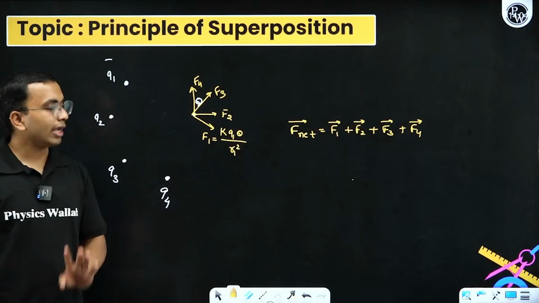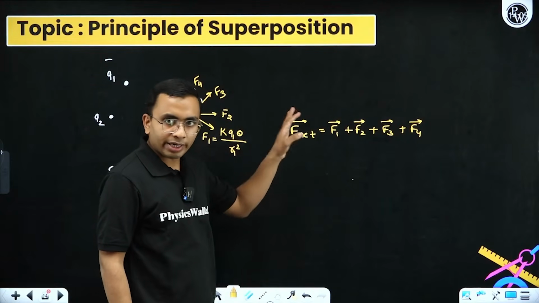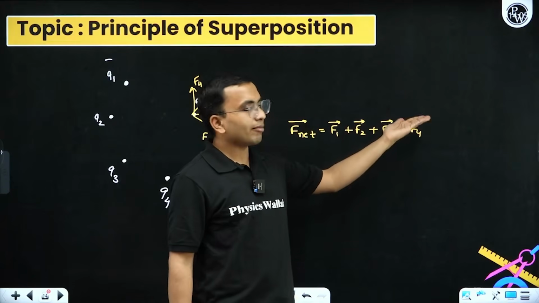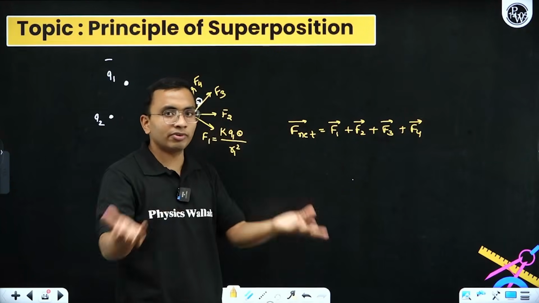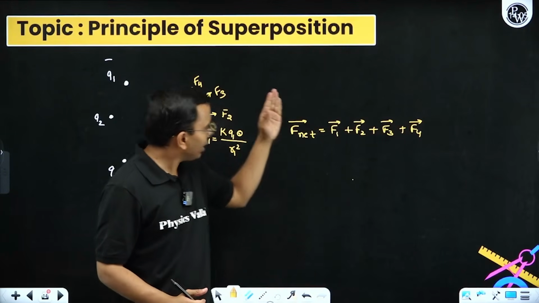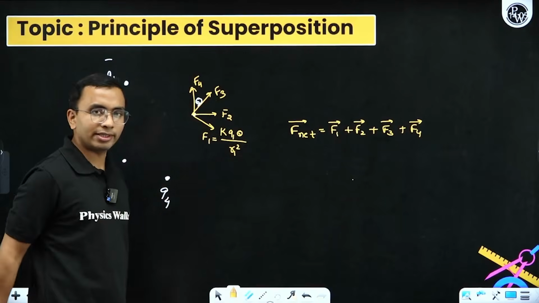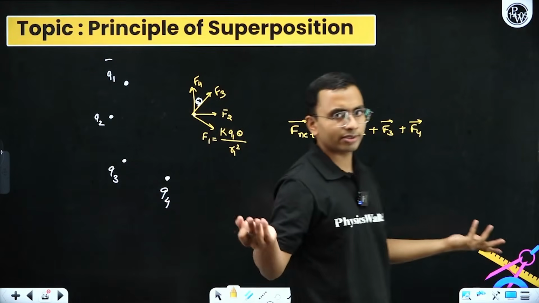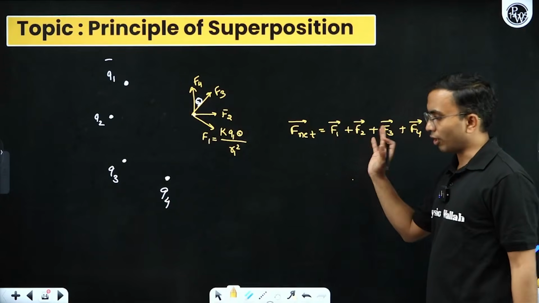Either you take the x component and y component and write all four forces in i cap, j cap, and then add all the i caps together and all the j caps together. That way you can find the resultant. Or you can take the components and cancel some of them and write the resultant. Any of the methods that is easier for you, you can apply. I'll show you how to do this.